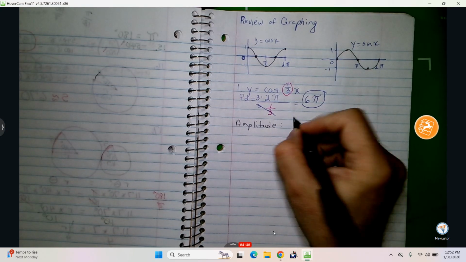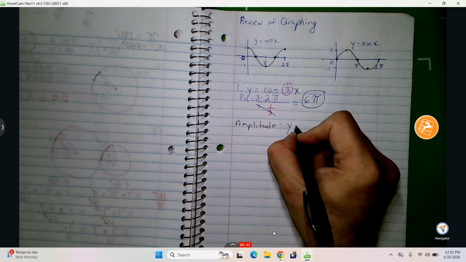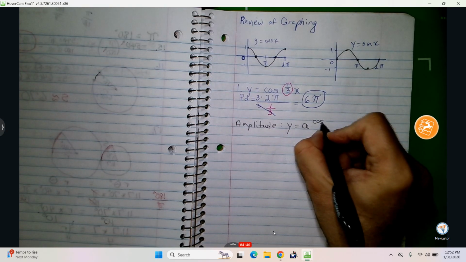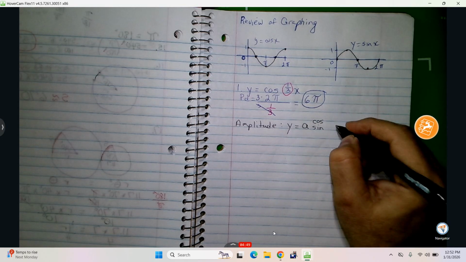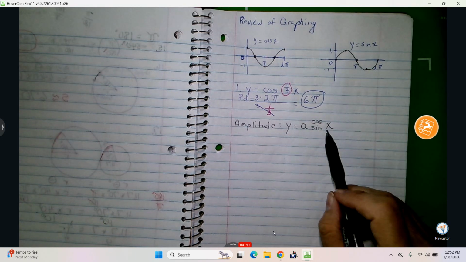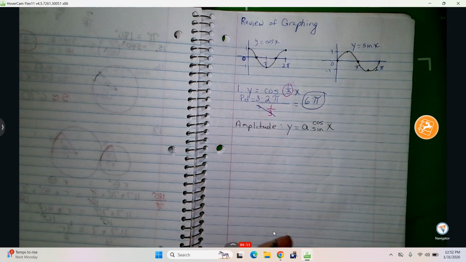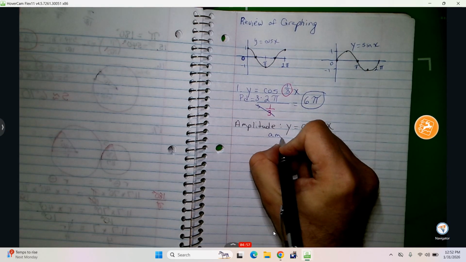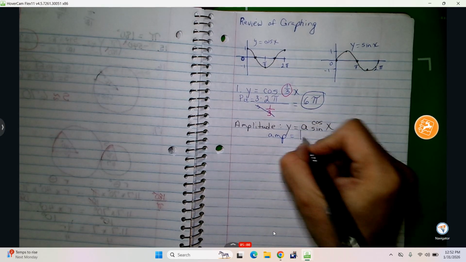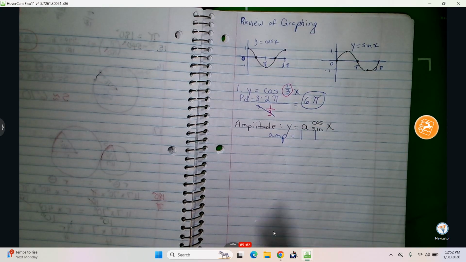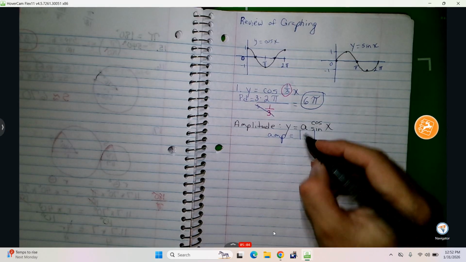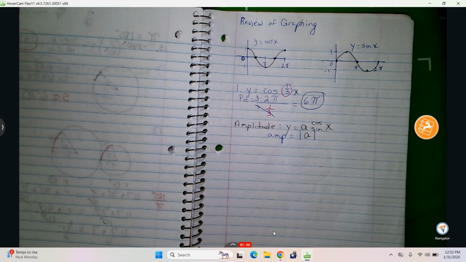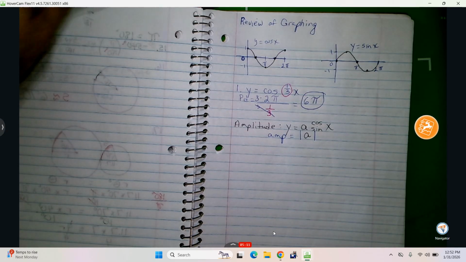And so, if you had a graph like y equals a times either sine or cosine of x, the amplitude is defined to be the absolute value of a, whatever the function's being multiplied by. Amplitude's always positive because it's a distance.